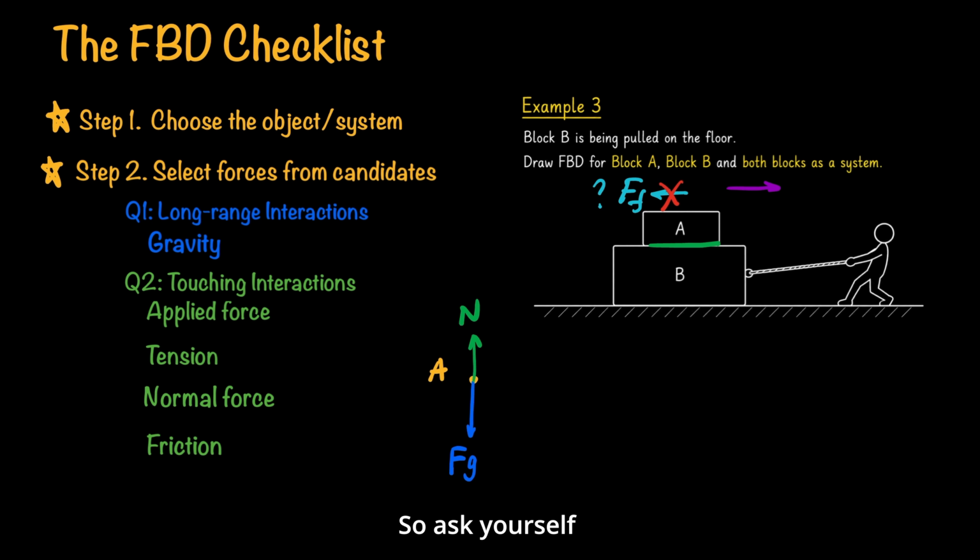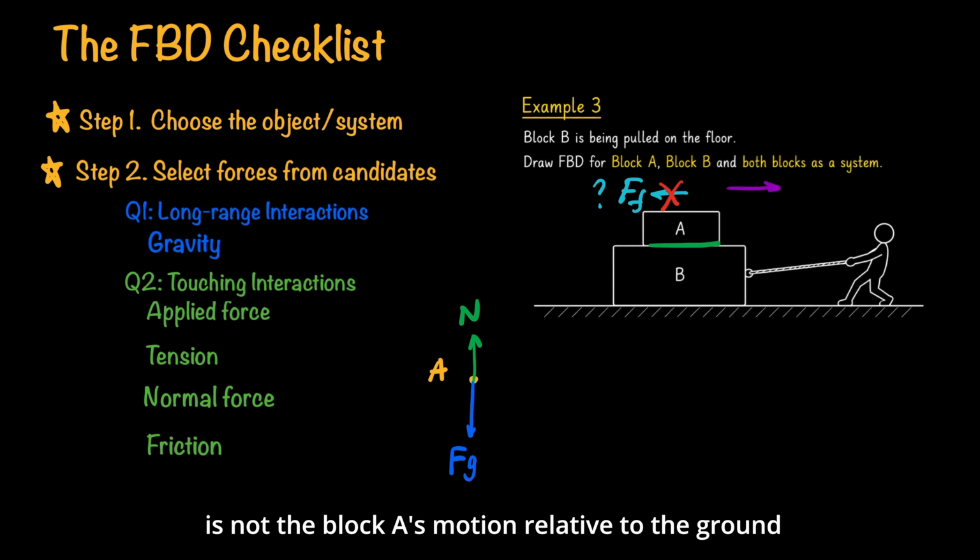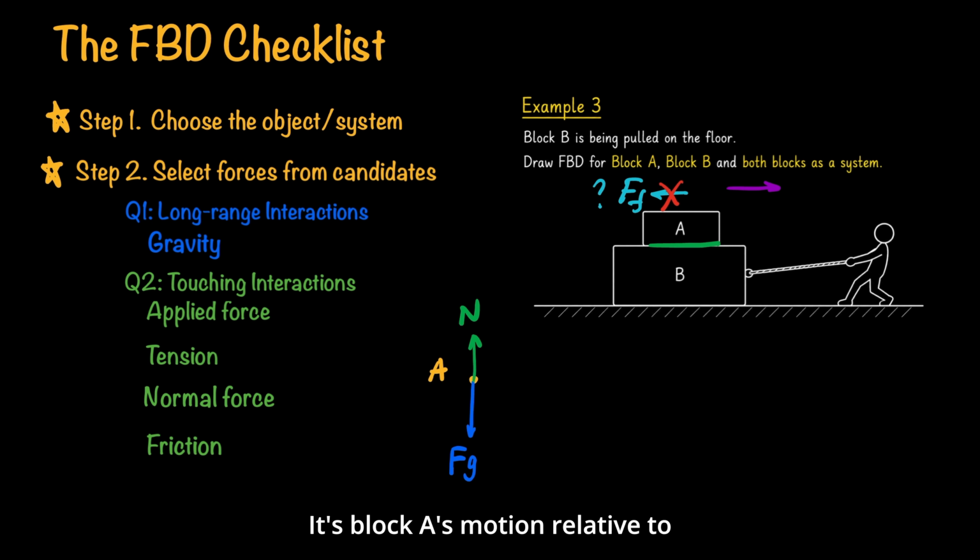So ask yourself, what is block A interacting with? It's not interacting with the ground. It's interacting with the block underneath it. That means the motion we care about is not block A's motion relative to the ground. It's block A's motion relative to the block underneath it.